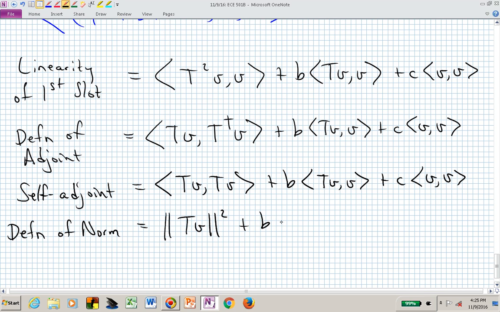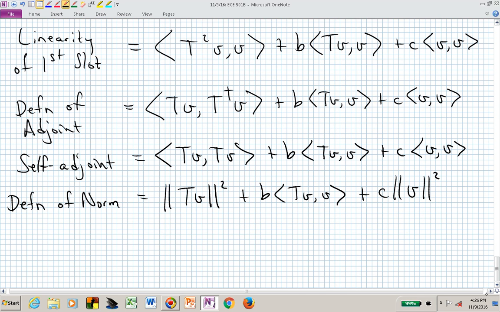Let's leave the middle term alone for now. And we now have C times the norm of V squared. That inner product we want to get rid of. We want to write that in terms of norms of TV and V. And we can do that with Cauchy-Schwarz.